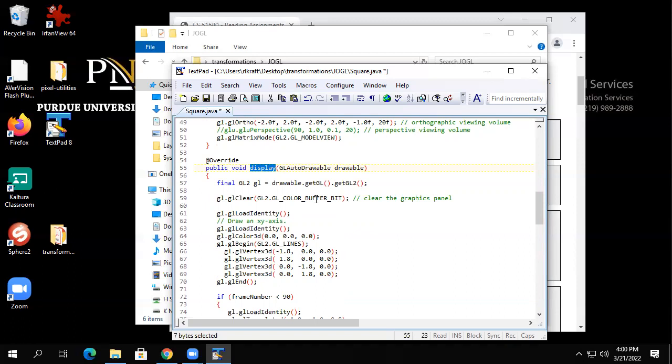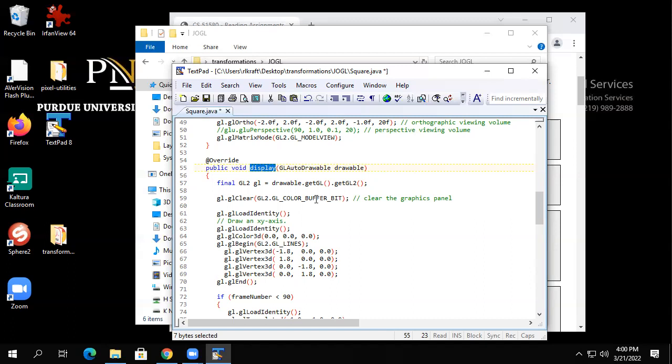I want to make sure that I'm not drawing someplace weird on the screen. So just to be safe, I load the identity matrix. I set the color to 0, 0, 0, that's black, and I begin GL lines. GL lines draws line segments. This is the x-axis, this is the y-axis. So it draws a horizontal line and a vertical line, two black lines, 90 degrees apart. Then that ends that, okay?